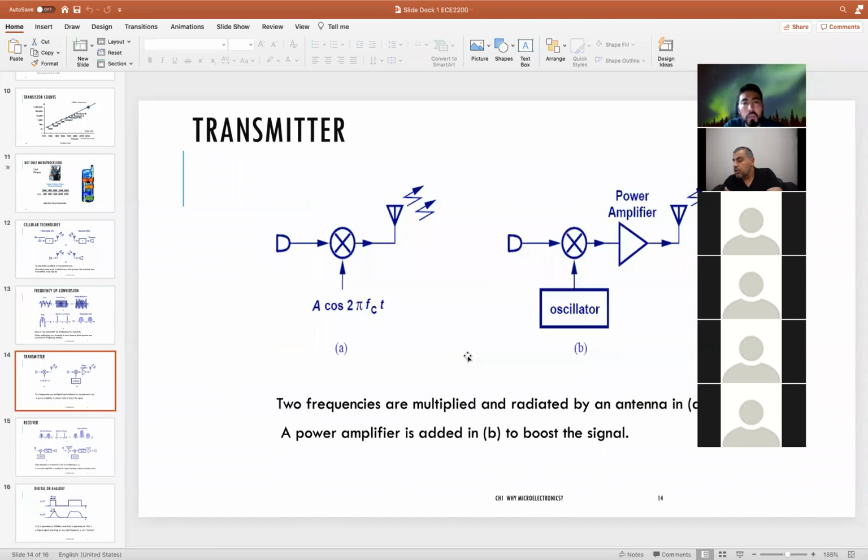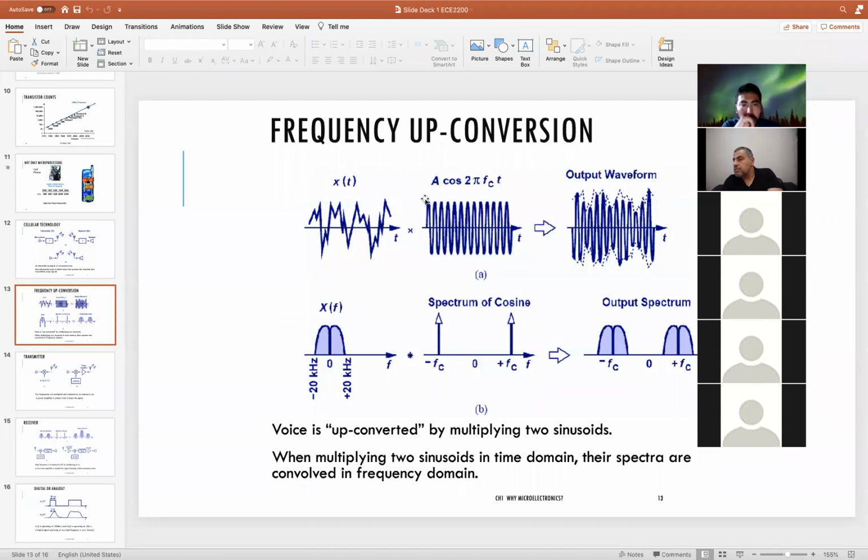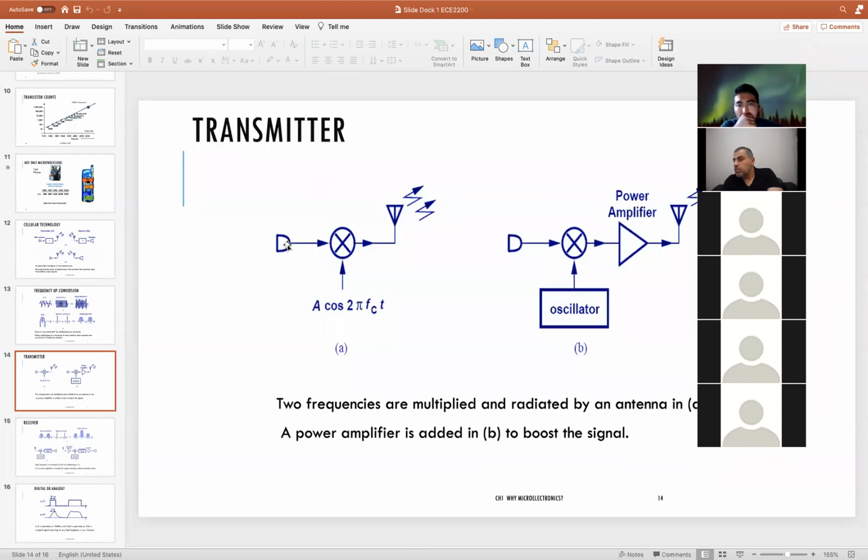So these are the different components that you need. Schematically, you have your microphone, then you multiply by this carrier frequency. This A cos 2 pi f_c t is the cosine waveform that you're multiplying by your microphone signal, okay? And that can then transmit.